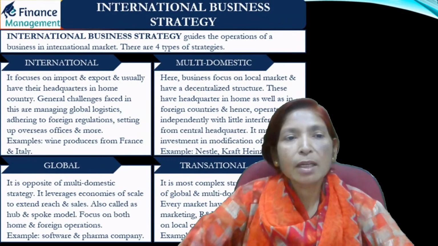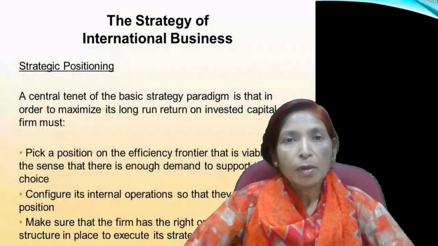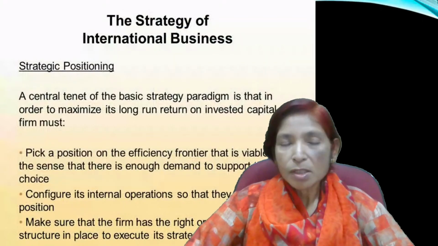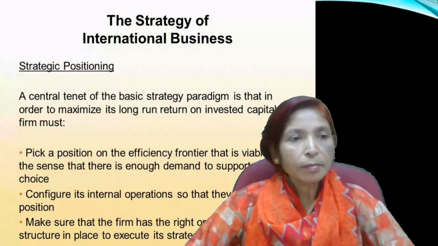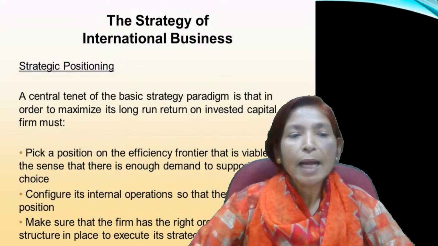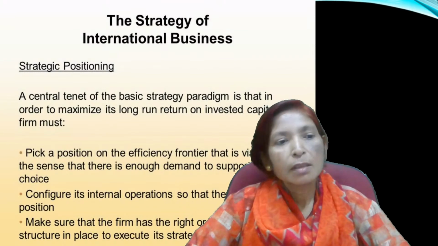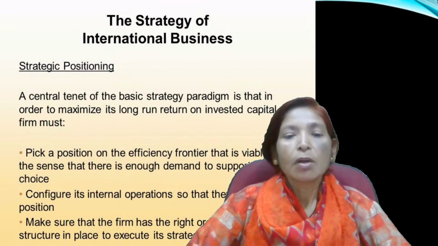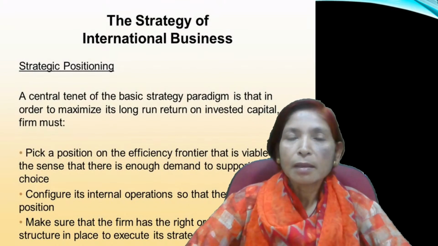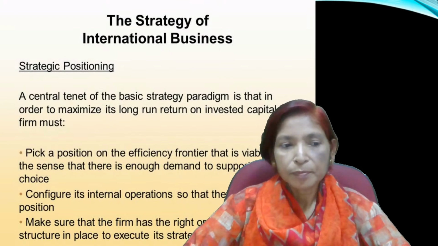Now, next is the strategy of international business. What type of strategy is used by international business operators? First is strategic positioning. A central tenet of the basic strategy paradigm is that in order to maximize its long run return on invested capital, a firm must pick a position on the efficiency frontier that is viable in the sense that there is enough demand to support that choice.